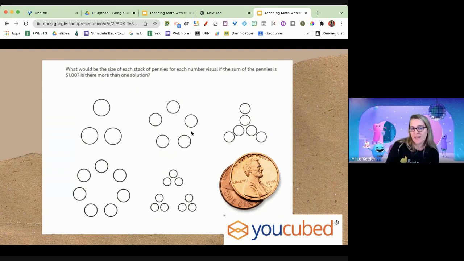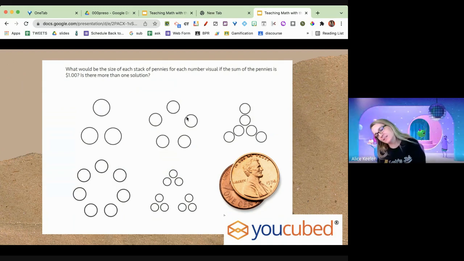Over here in the stack of 5, every stack has to have the same amount, but it doesn't necessarily have to have the same amount as the stacks of 6. What does that mean? Okay, good. Why don't you think about that? And that'd be the point, right? Math class should be, why don't you think about that?